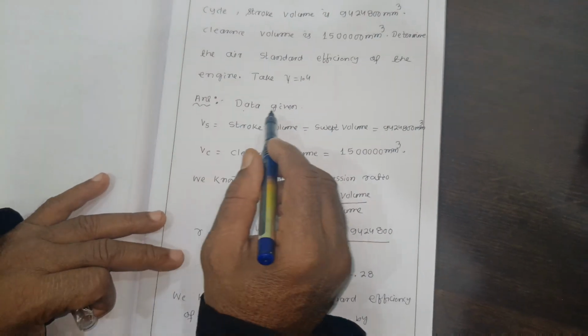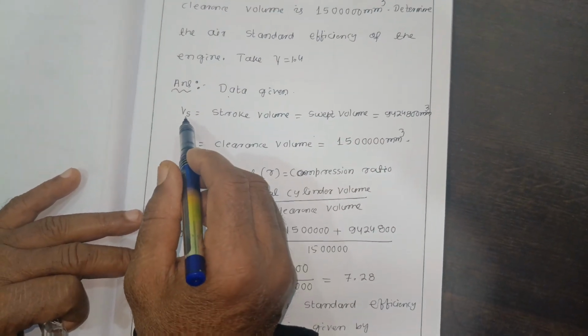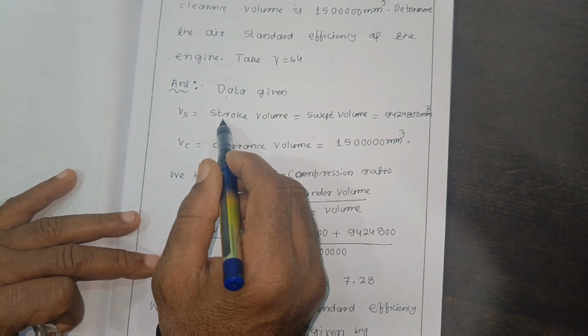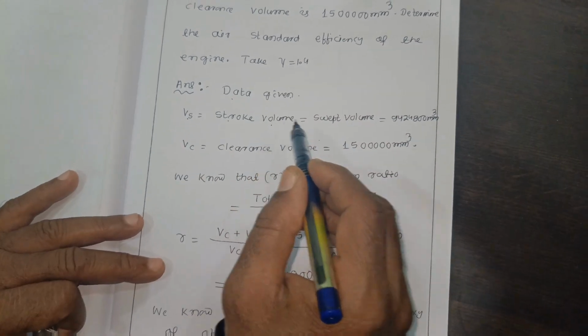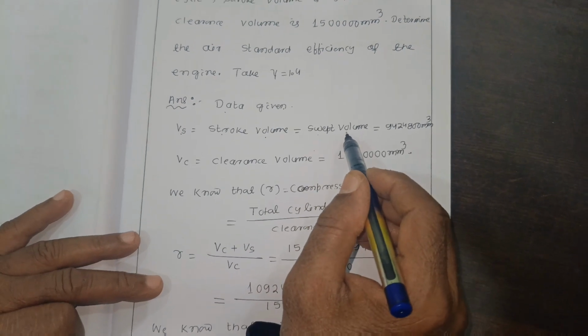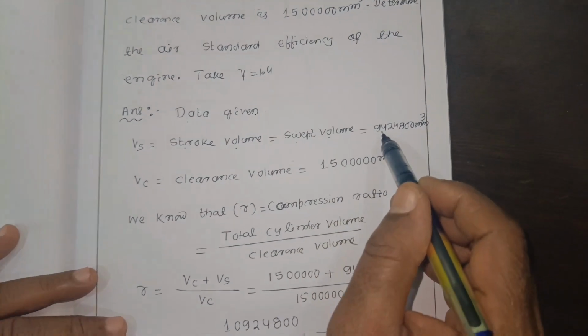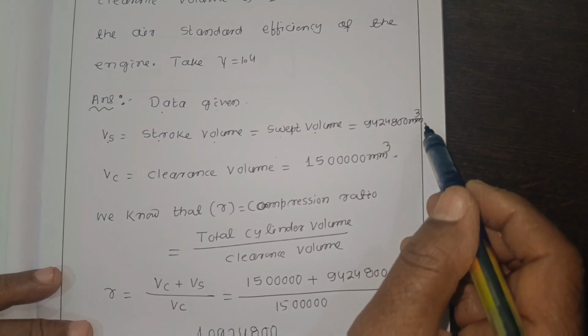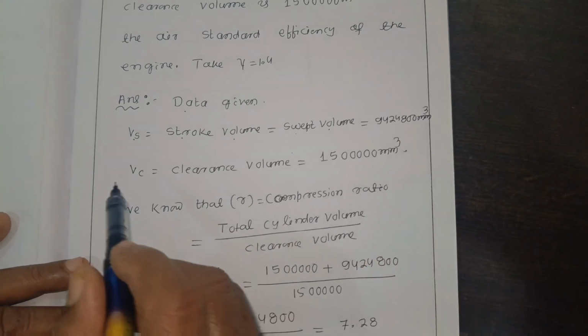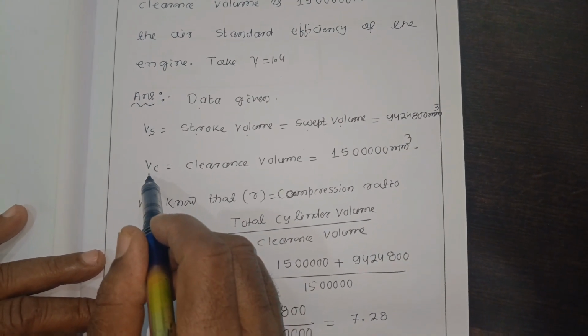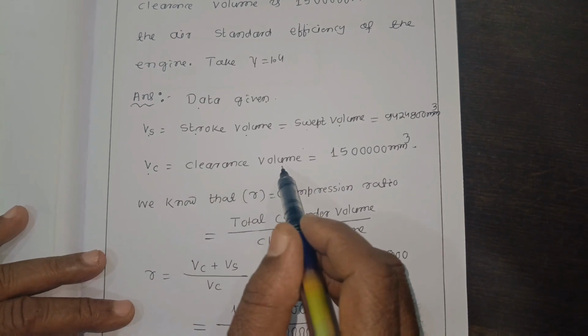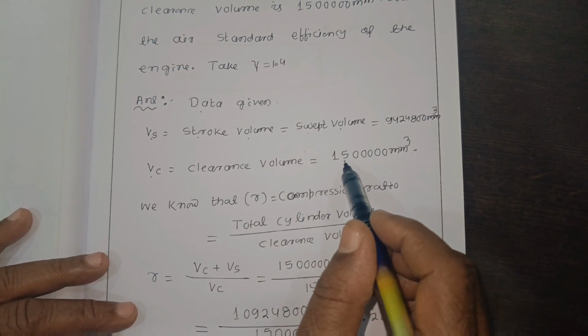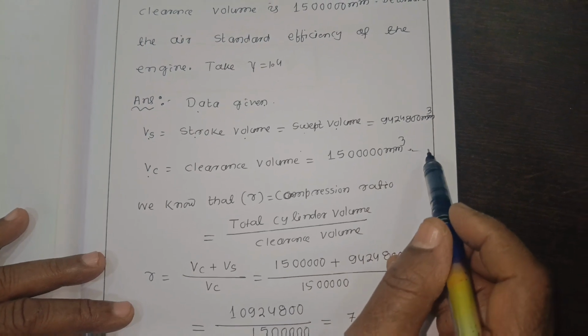First, data given. Vs is equal to stroke volume is equal to swept volume is equal to 9424800 mm3. It is given. Then Vc is equal to clearance volume is equal to 15 lakhs mm3 given.